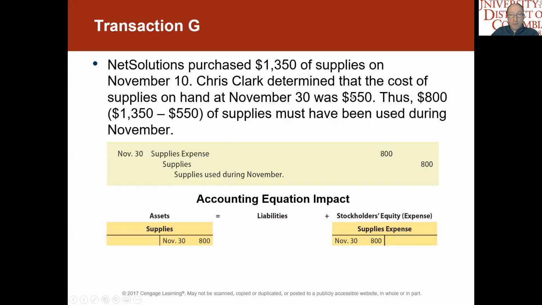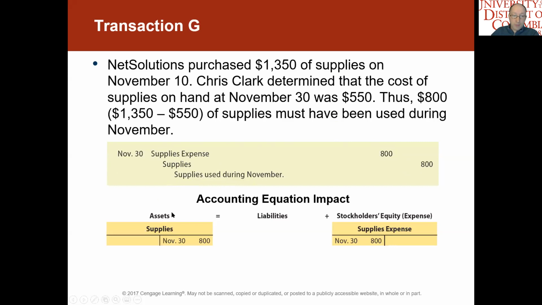So if we have $550 of supplies at the end of the month, that means that was the amount left over at the end of the month. That means we used $800 during that month. So we would make a record November 30th, supplies expense for $800, and then we would credit our supplies account for $800 to represent the supplies used during that month.